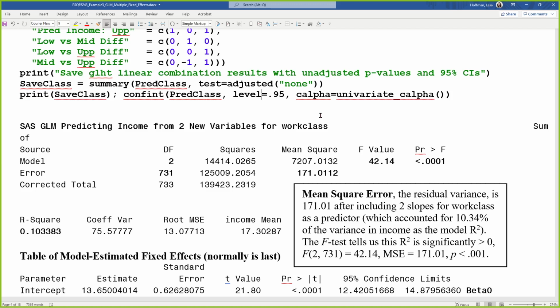Step 1, create new predictors that are zeros and ones so that you can represent each group relative to another group as a specific slope. Step 2, put the new slopes in the model. Step 3, figure out what else you want to know that the model doesn't tell you directly. Step 4, get effect sizes for everything that you want to know about.